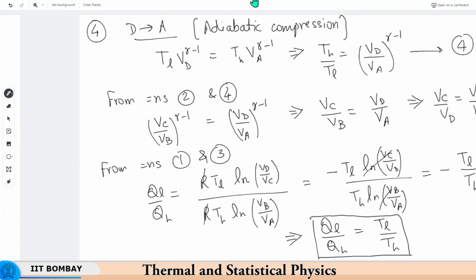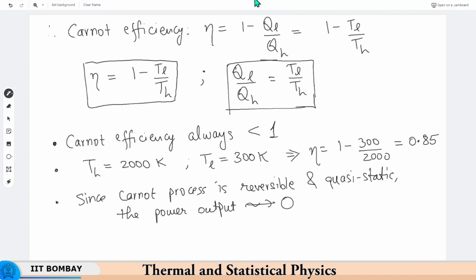And if you think about it, all those real life realities when we put them into the engine, they will only contribute to QL. So, all the frictional heat or sound and all that will contribute to QL, and that will only reduce the efficiency of this engine. So, if we perform this engine irreversibly, we are bound to lose a lot of energy in the form of heat or sound and light and so on, which will be contributing to QL, and that will lower the efficiency of this engine further.